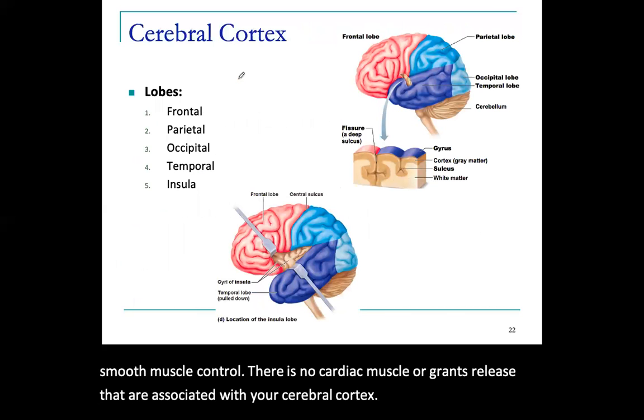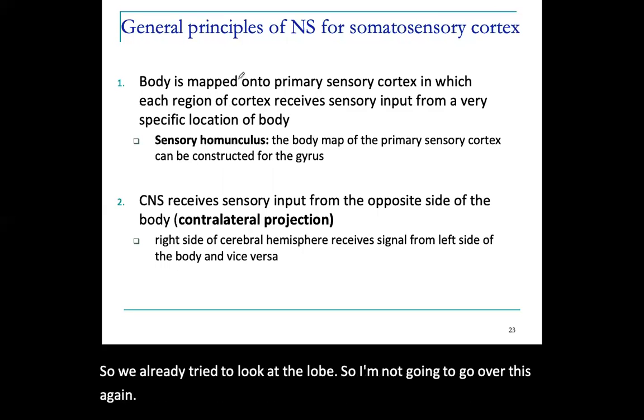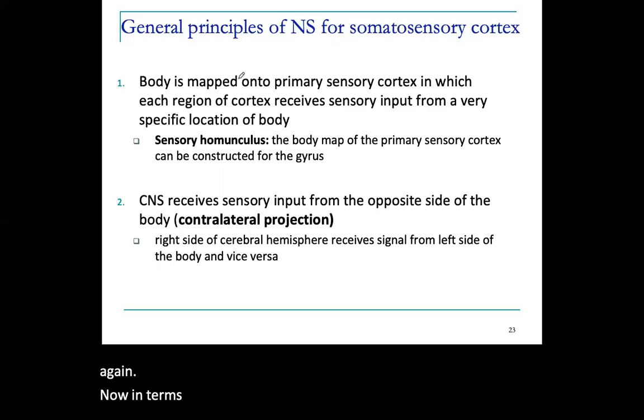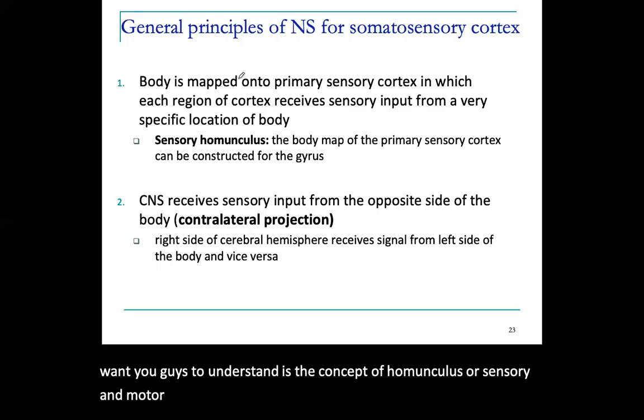We already took a look at the lobes, so I'm not going to go over this again. Now, in terms of mapping your body, one of the things I want you to understand is the concept of the homunculus, or sensory and motor homunculus. In this picture, I'm showing you only the sensory.